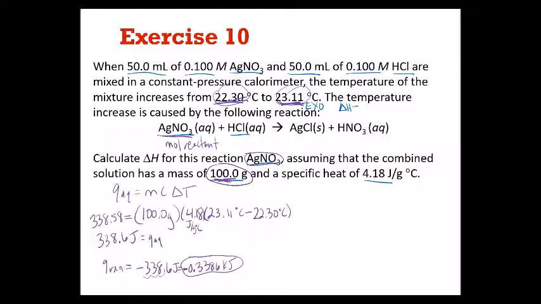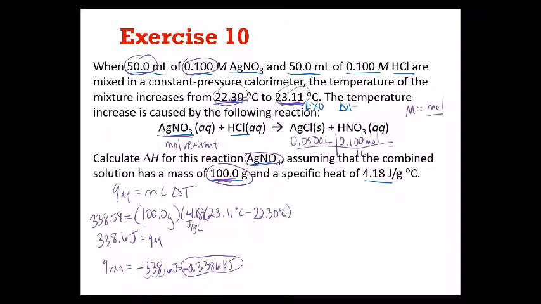They gave us molarity and volume up here, so we can figure that out. Okay, the molarity and volume. So we got 0.0500 liters. Can change that over. You can use the molarity equation too, just like this.